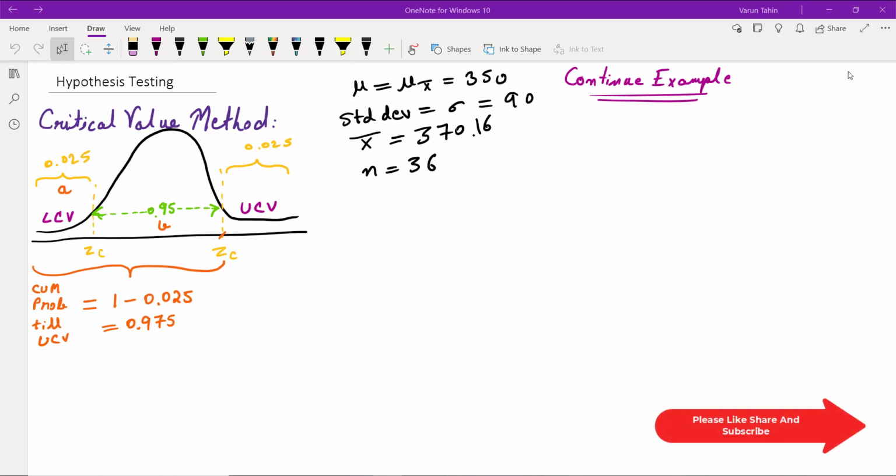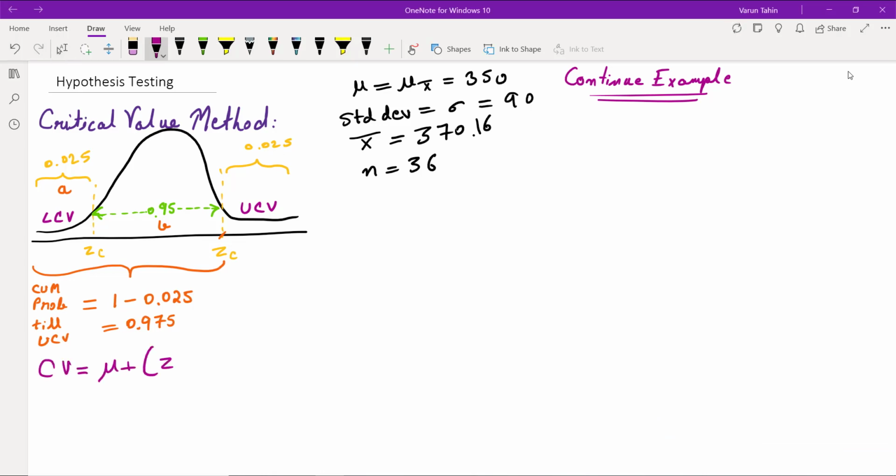Now the next thing we need to do is find the critical value. The critical value has a formula of mu plus Z critical into standard error, which is represented by this. Now in order to put values into this, we need to find the Z critical value, so we will find Z critical for LCV and for UCV both.